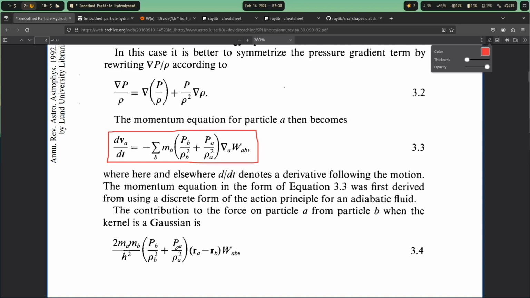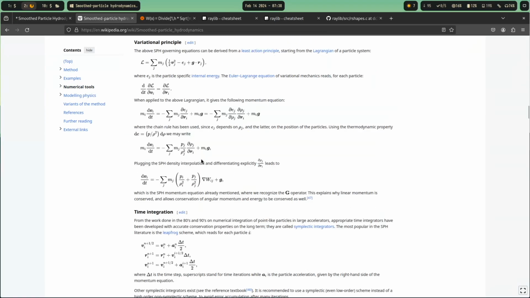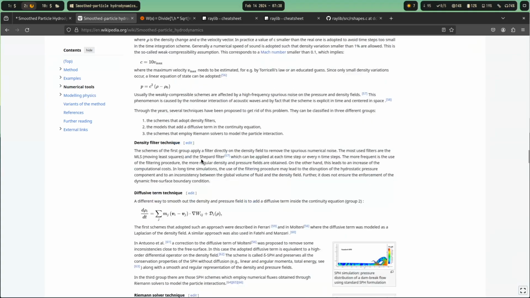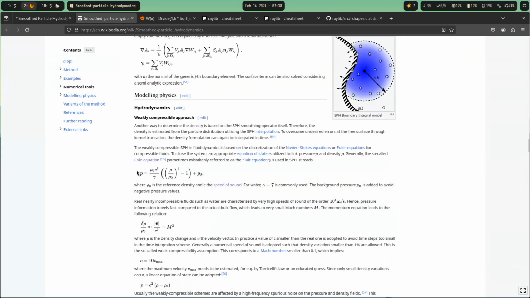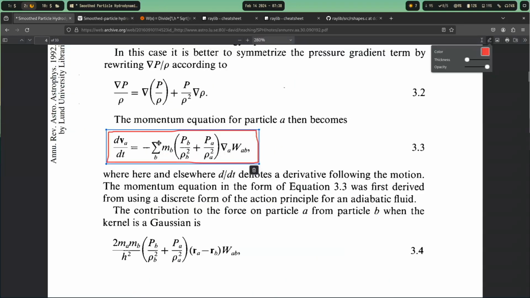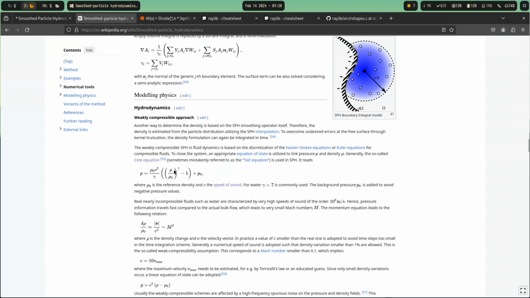And yeah, I haven't found how they calculate the pressure in here, but I found, I don't know if it was on the Wikipedia page, I think it was, yeah, it was here. It's called the Cole equation to get the pressure. So we can use that thing. And it's basically, if you think about it, just the density for some reason.